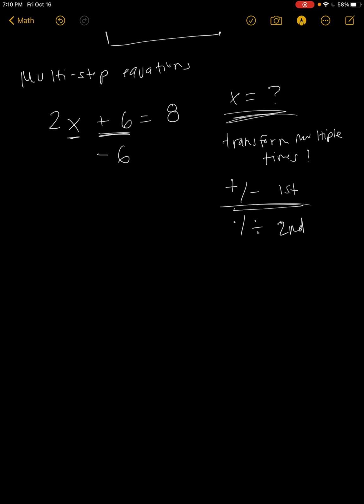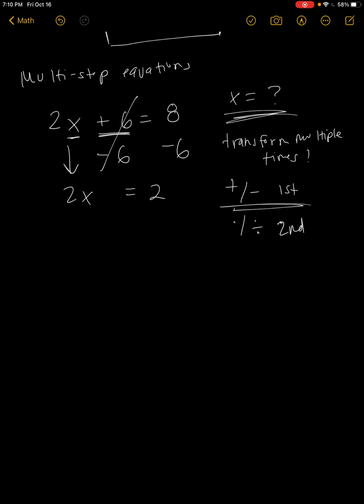The way I can do that, just like what we did before, I'm going to subtract 6, and I have to do it to both sides. So I can carry down 2x. That's the only difference. Right now I'm carrying down this whole term, not just x, because we have 2 times x. 8 minus 6 is 2.